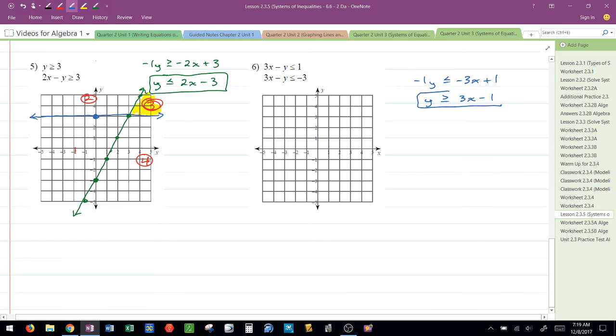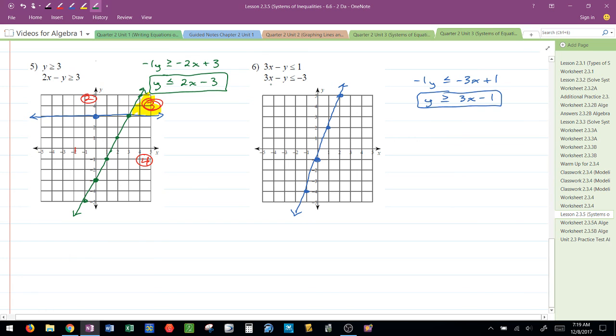Let's go ahead and graph that now that we've got it. Y-intercept at negative 1. Slope says up 1, 2, 3, and over 1, or down 1, 2, 3, and over 1. This is going to be a solid line, creating two half planes.